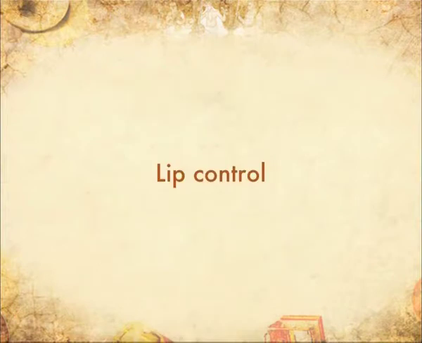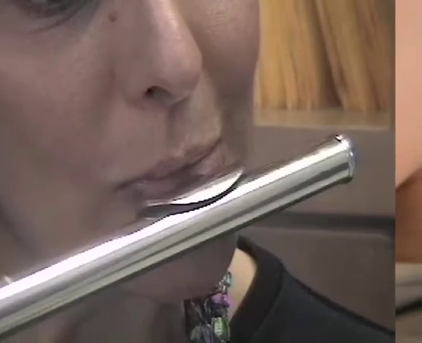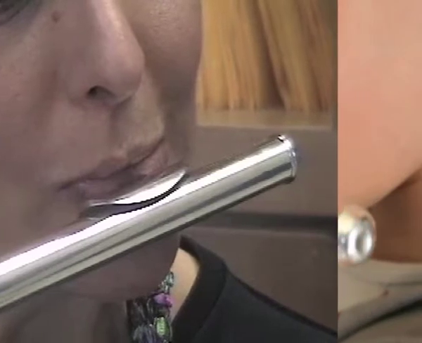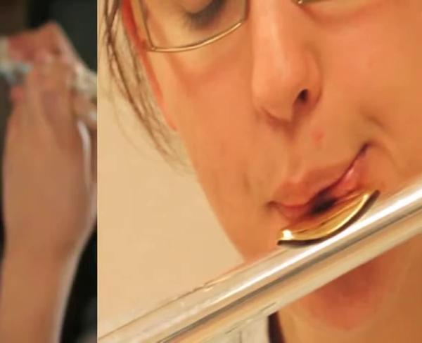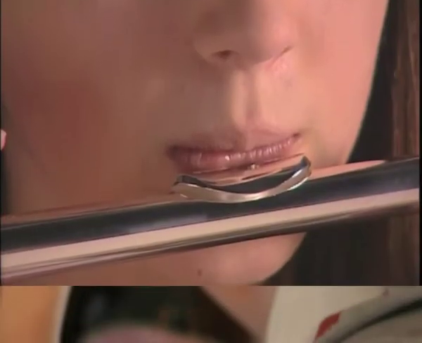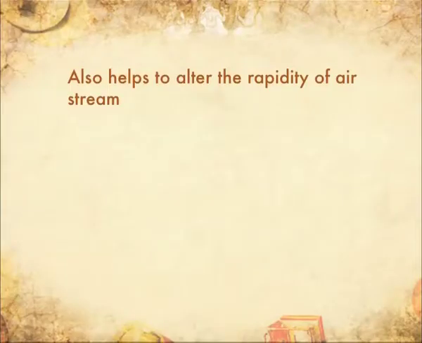Lip control. The function of the lips is to form the air supply into a small jet which will prevent the unnecessary spreading of air before striking the outer edge of the mouth hole. It also helps alter the rapidity of the air stream.